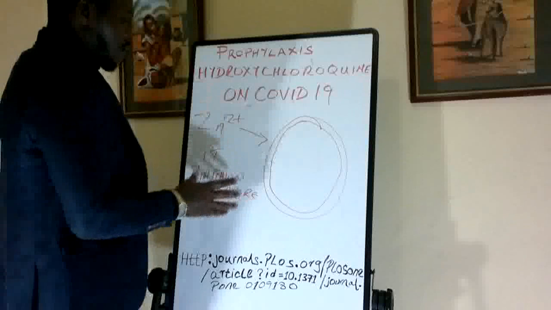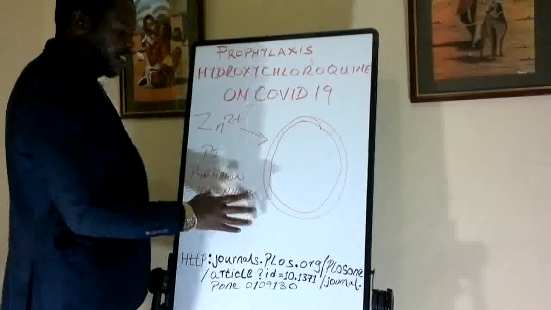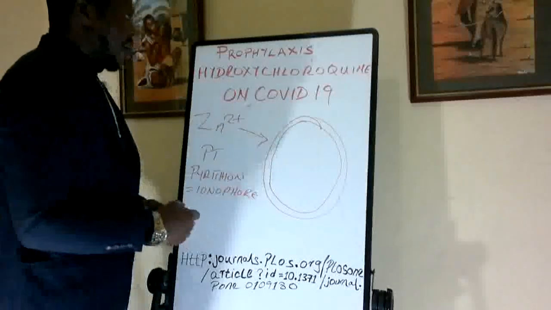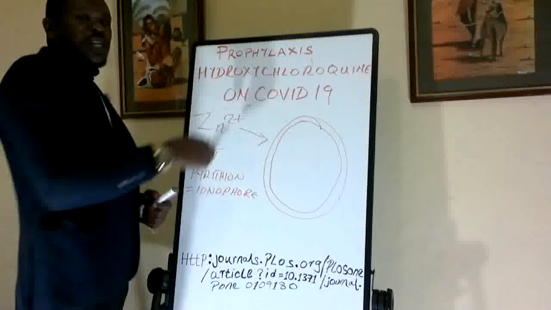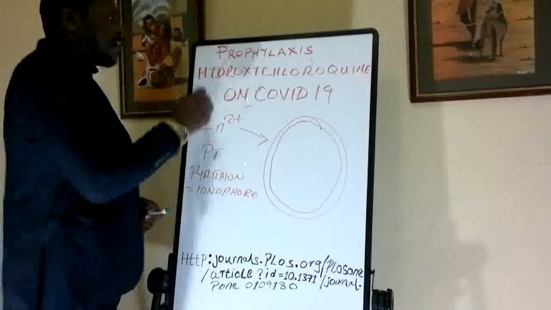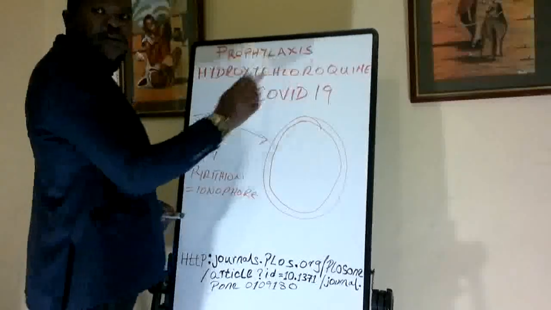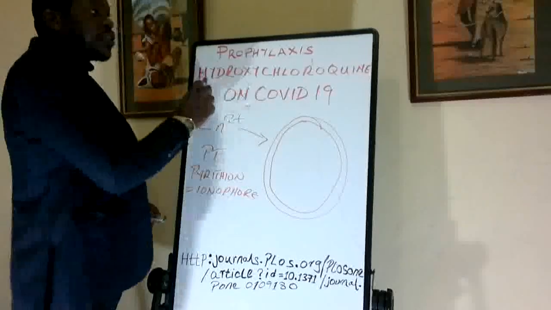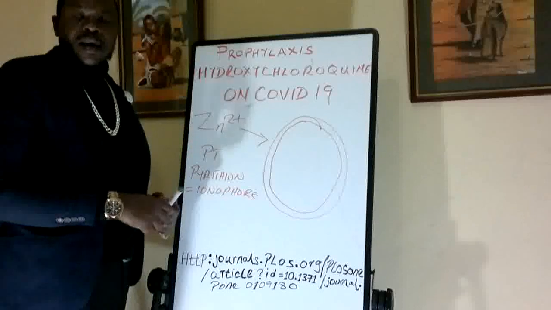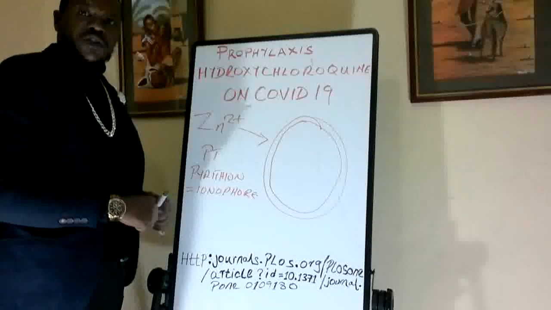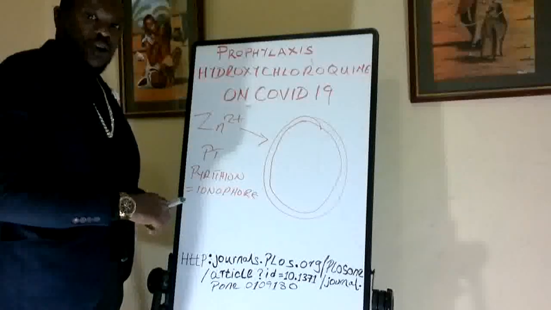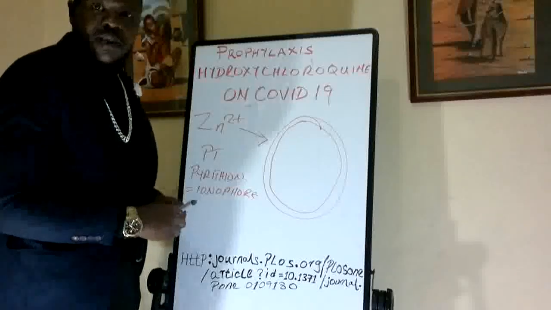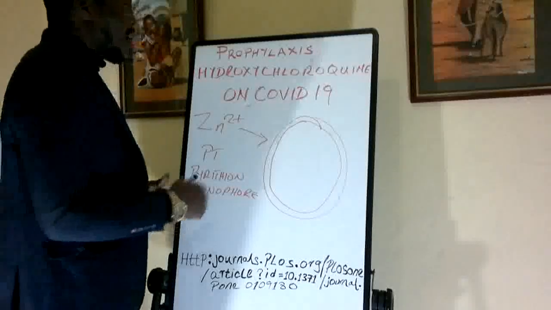So what is an ionophore? An ionophore, as I said, is a means of transport. And that's where hydroxychloroquine comes in. Hydroxychloroquine in itself is an ionophore. So hydroxychloroquine is not a treatment or a cure for COVID-19.